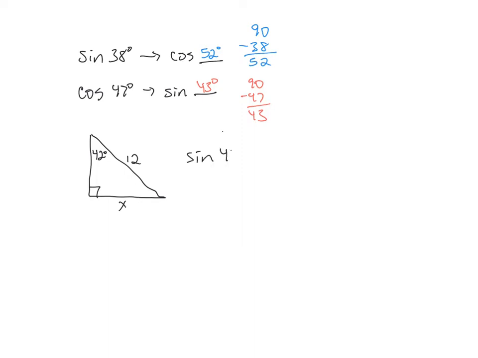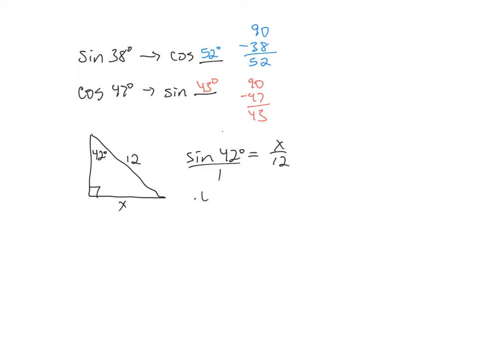And so we say sine of 42 degrees equals x over 12, and it's the same thing that we did yesterday, but with tangent. So get your calculator. 42 degrees sine, 0.6691.